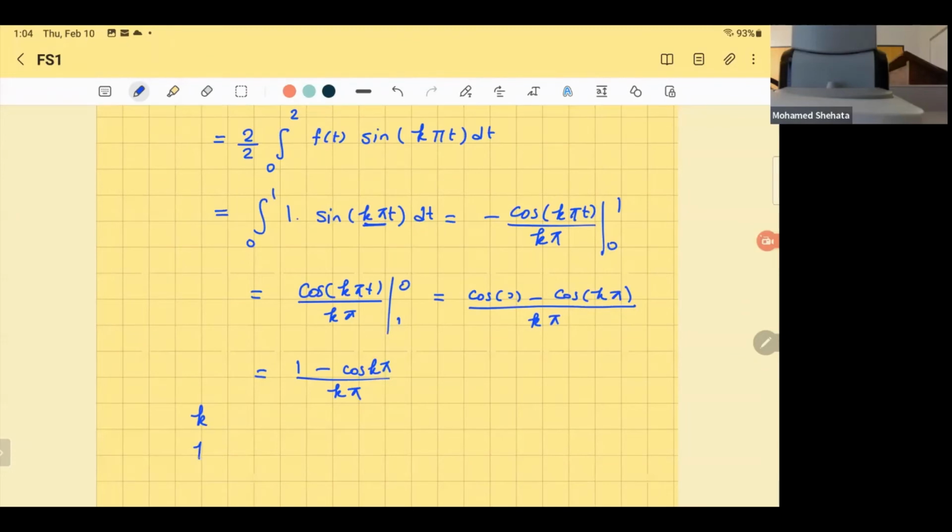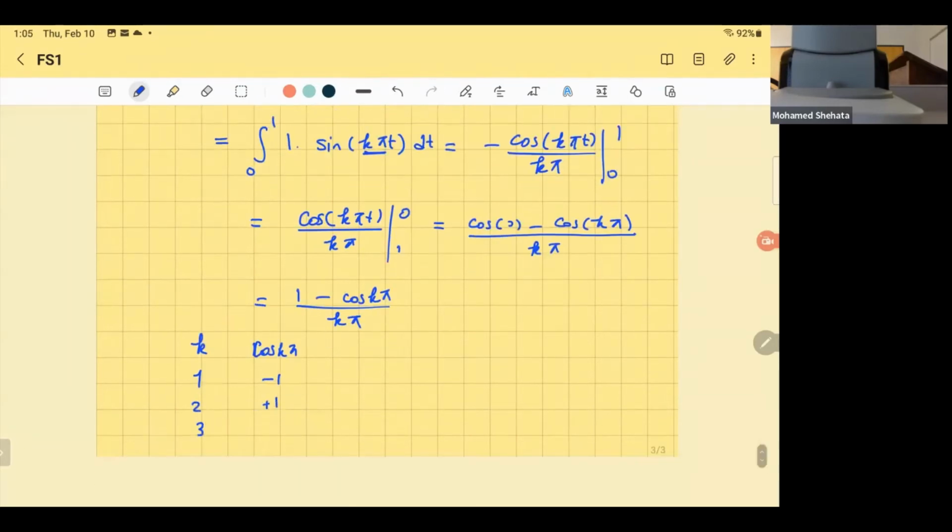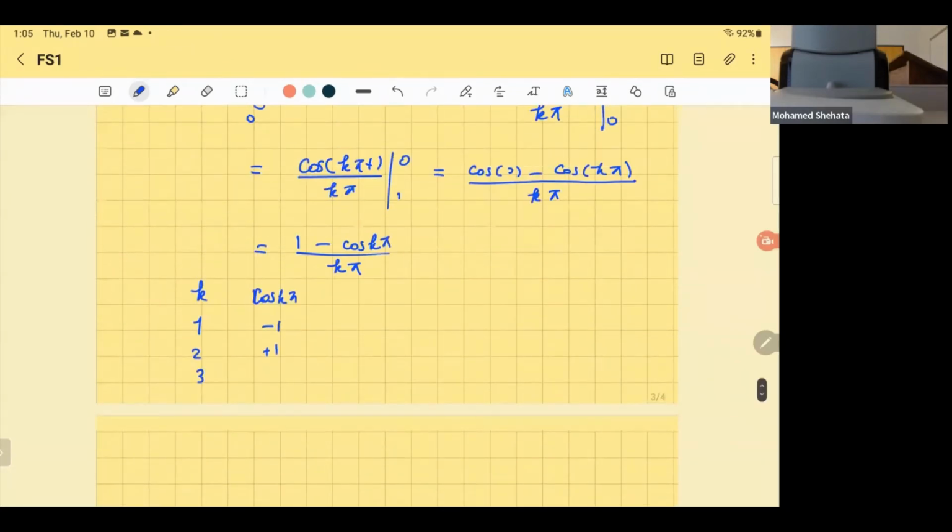Let's say k equal 1. So what is the value of cosine k pi? Cosine pi is negative 1, right? When you have k equal 2, you will have cosine 2 pi, which is equal 1. And when you have 3, you got negative 1. You have 4, you got positive 1.